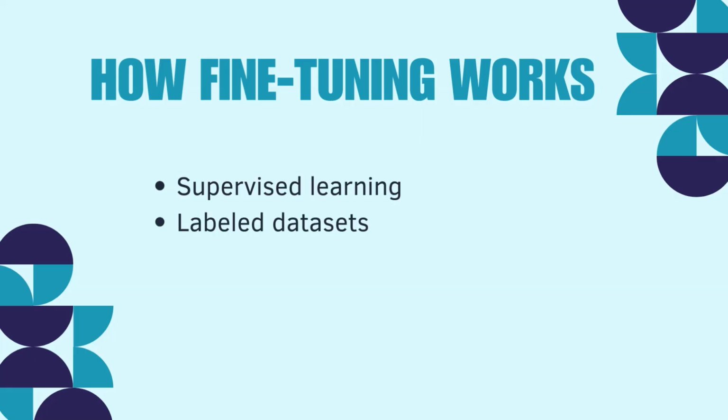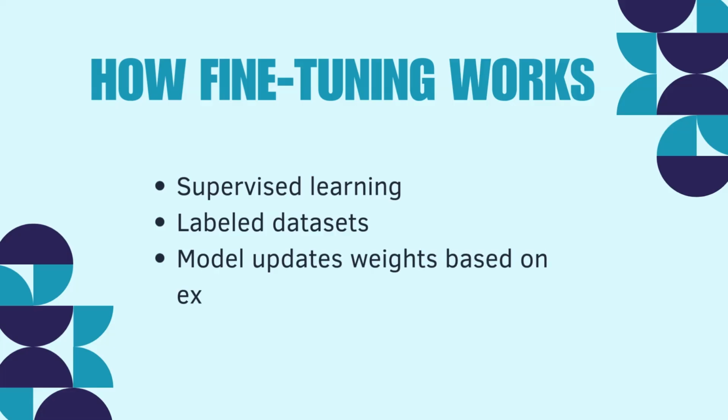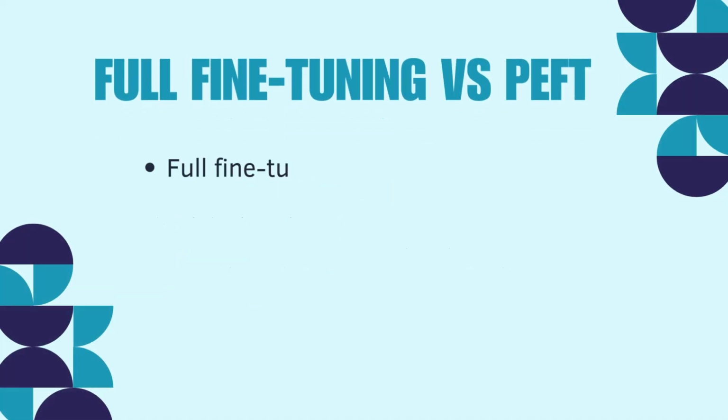Imagine again the home cook analogy. Fine tuning is like enrolling the cook in a formal training course for a specific cuisine. After training, they don't just follow recipes, they understand the cuisine deeply. There are two main types of fine tuning. Full fine tuning updates all the model's parameters. It is powerful but expensive and compute intensive.